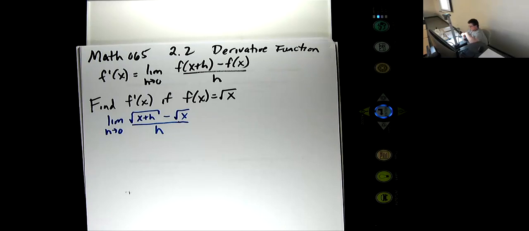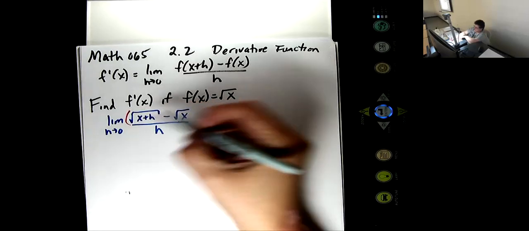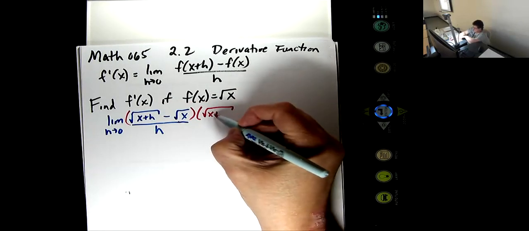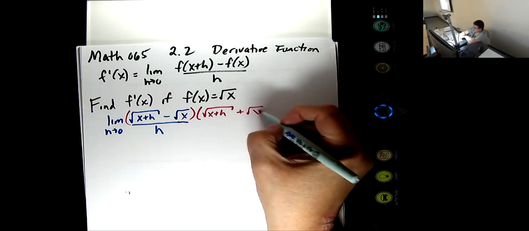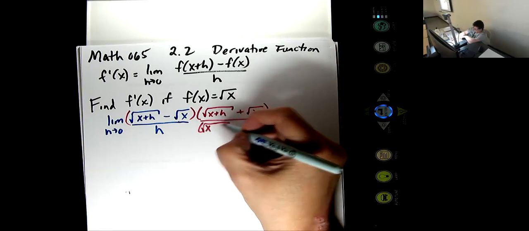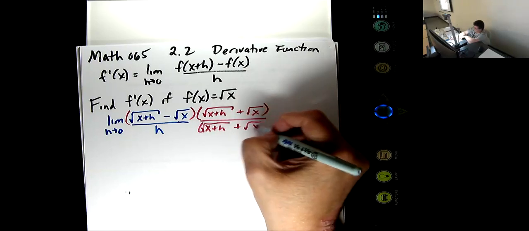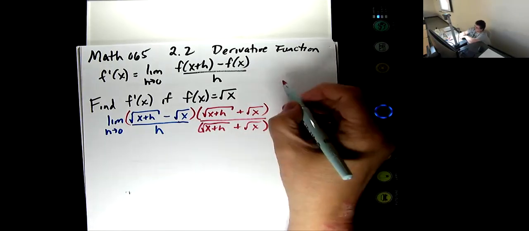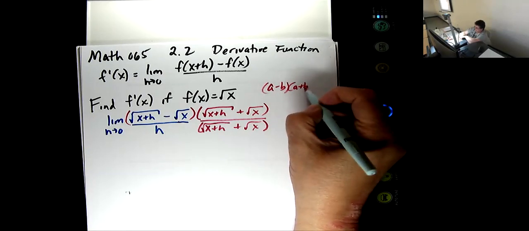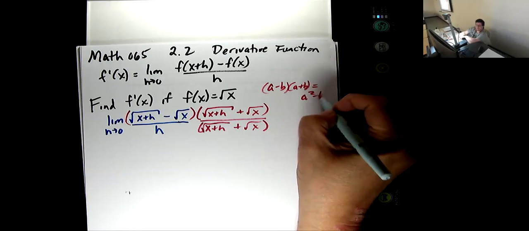If you remember what we did in previous sections with radicals, a common go-to is multiply by the conjugate. And if we do it on top, we have to do it on bottom. This took advantage of a minus b times a plus b is a squared minus b squared.